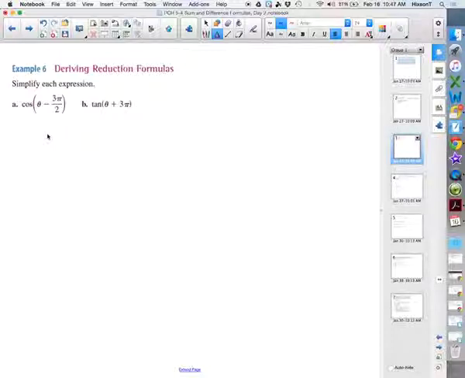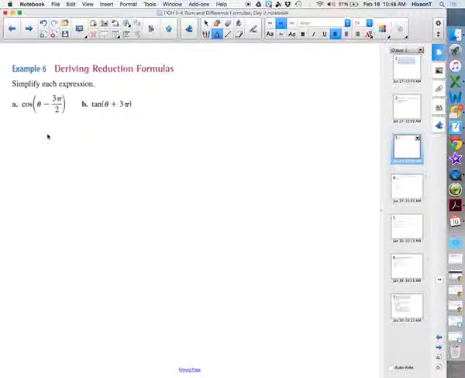These are formulas that you could use, say, if you were using a particular process that called on you to measure an angle, but then do something to that angle, and you were going to be doing this a number of times. It would be helpful to be able to just write that as one more simplified expression, so you're not having to do the process over and over again. We could see if this comes out to anything simpler than having to actually subtract the 3 pi over 2 every time we're doing it.